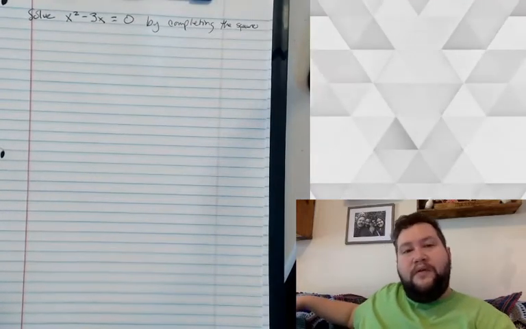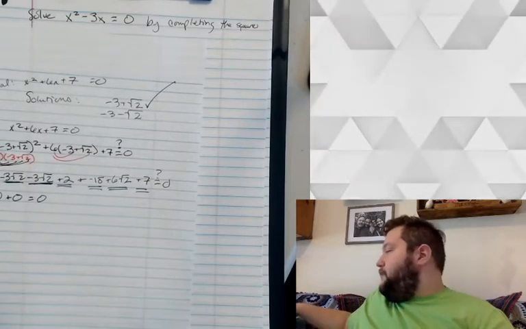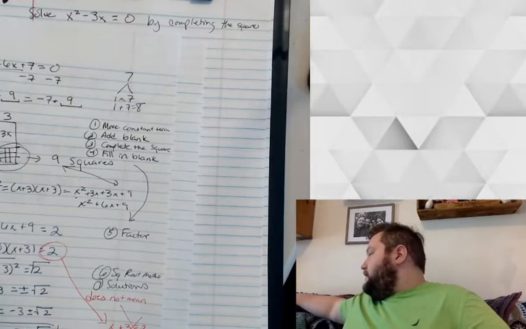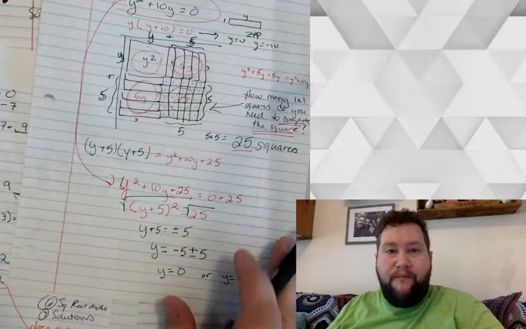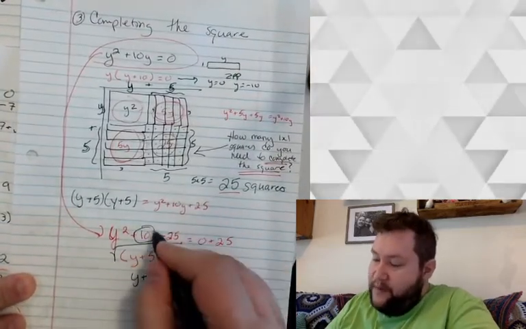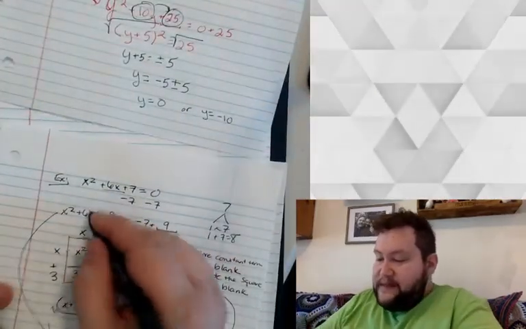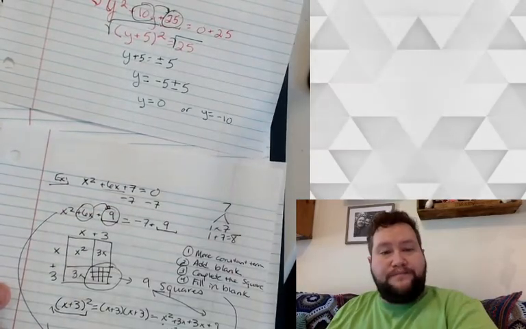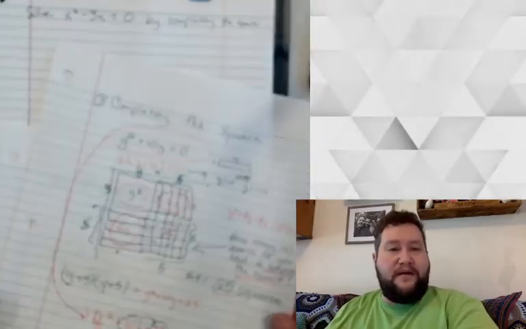Before we do, I want to look back at our two previous. No, not that page. We want this page and this page. If we had a 10 here, we ended up wanting 25 here. And when we had 6 here, we ended up wanting 9 here. So what's the pattern there?